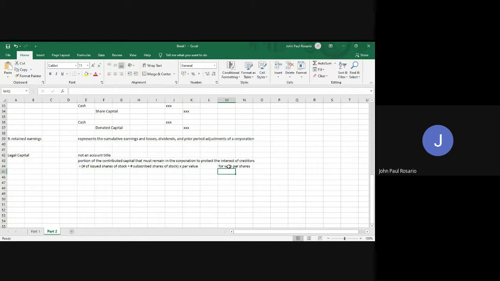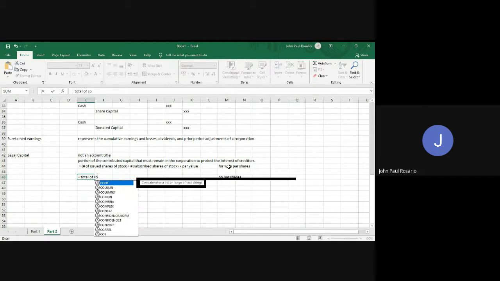Pero kung no par shares siya, your legal capital is equal to total of contribution received.